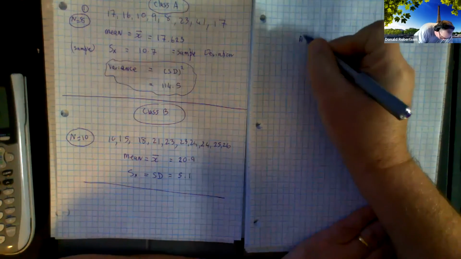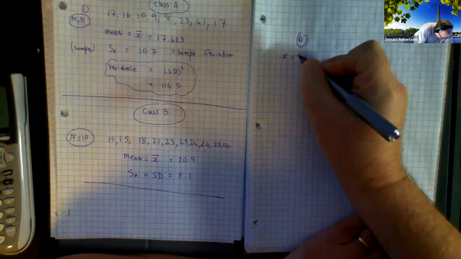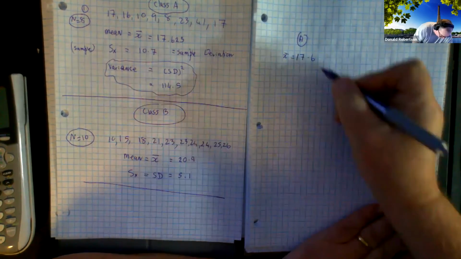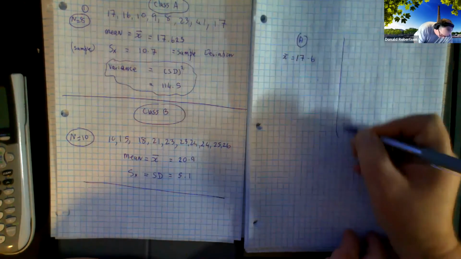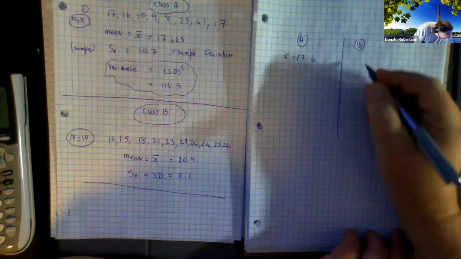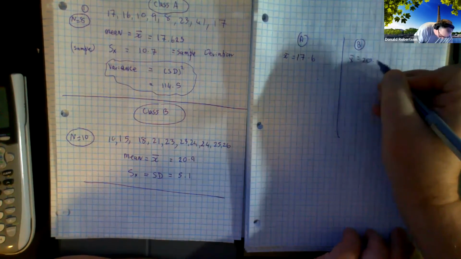This is class A, and its mean was 17.6. So the average age of people in art class A was 17 and a bit, and the average in class B was 20.9.